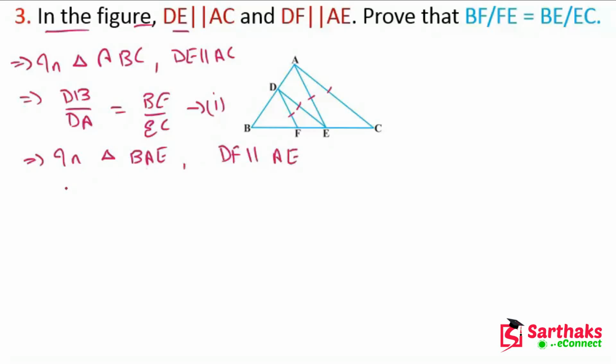So by using the proportionality theorem again we get BD divided by DA, which is equal to BF divided by FE.